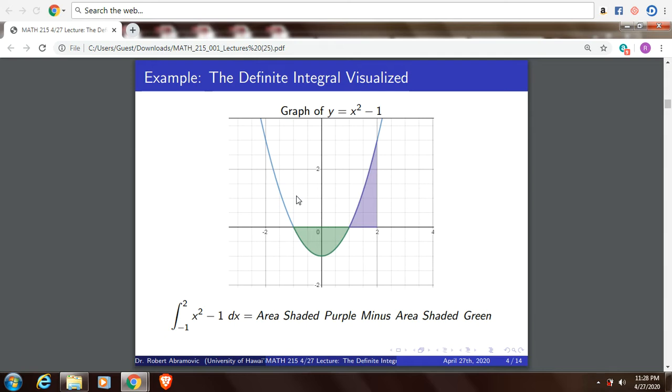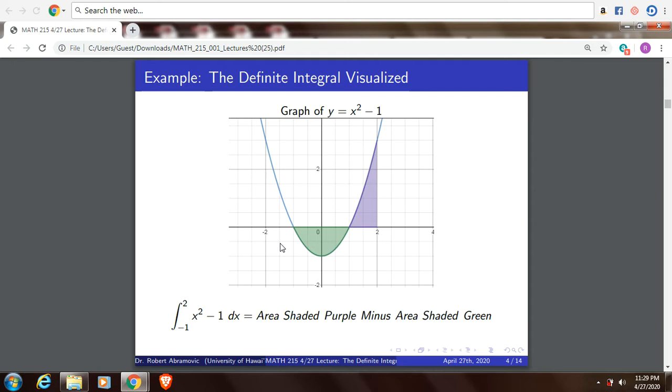Here's an example, the definite integral visualized. We have the graph of y equals x squared minus 1, and we look at what it means to take the definite integral of this function between -1 and 2 of x squared minus 1 dx. Well, that means the signed area under the curve from -1 to 2.